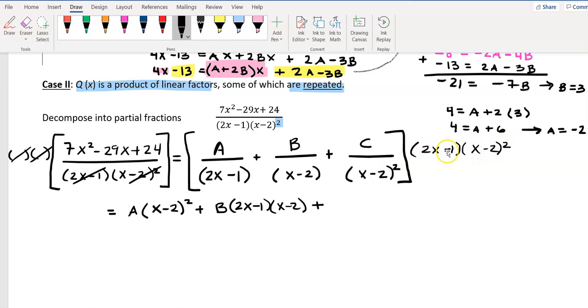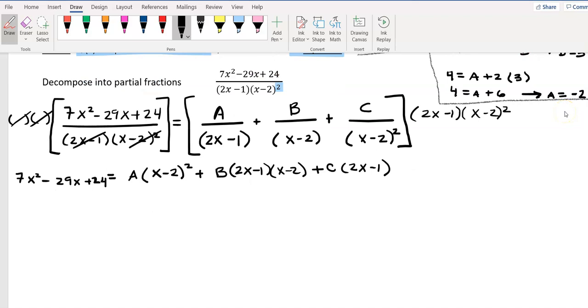We just need to multiply by 2x minus 1, so it's going to be c times 2x minus 1. And again, on the left-hand side, we just cancel that denominator out when we multiply through, so it stays whatever the numerator is. You just write it on the left.